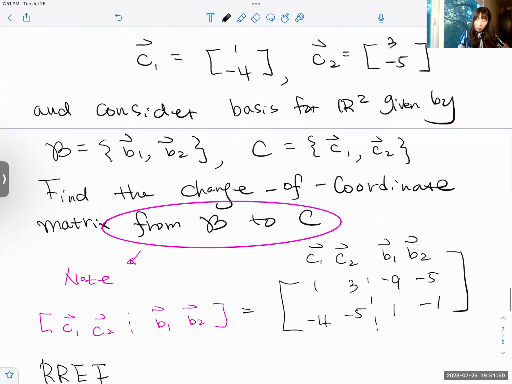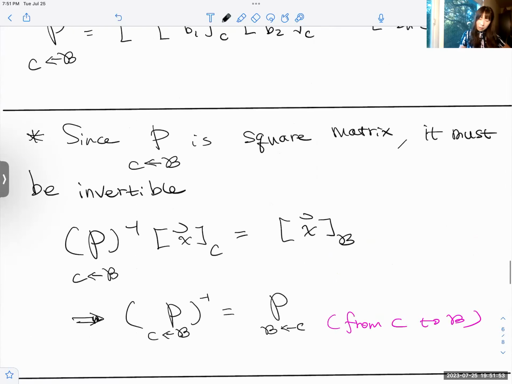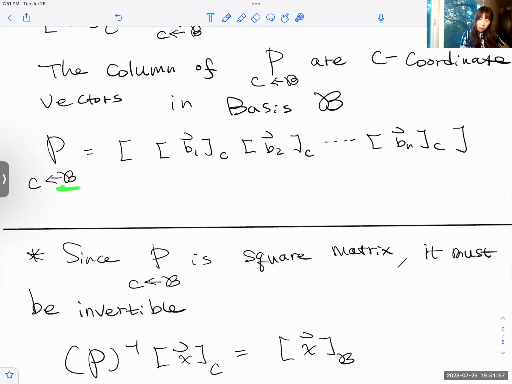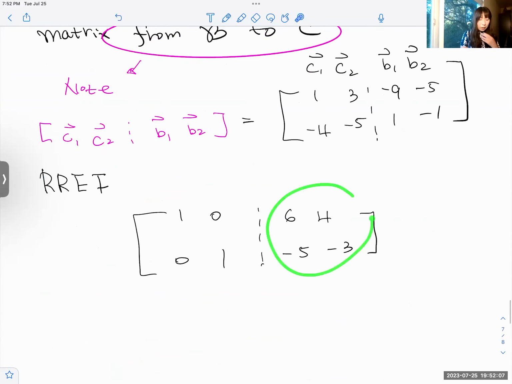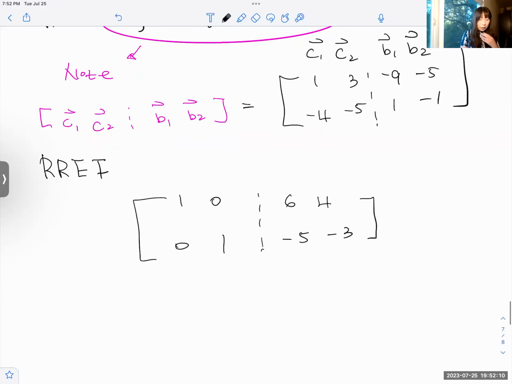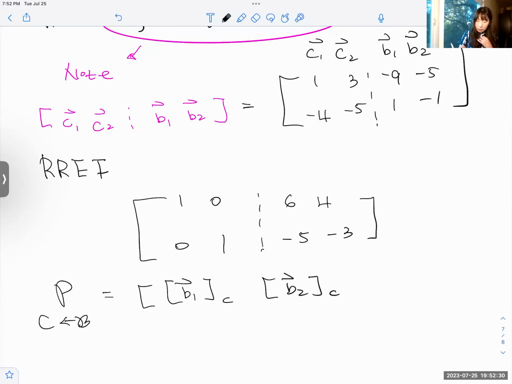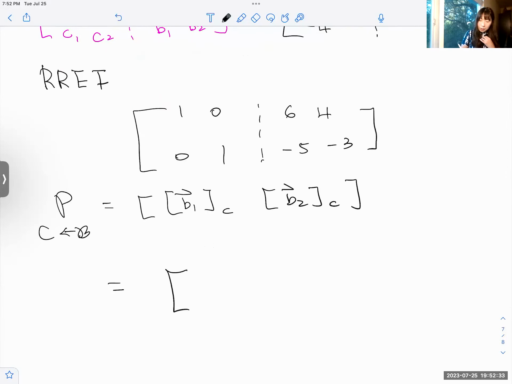So we are using the change of coordinate matrix from B to C, that is B sub 1 in base C and B sub 2 in base C. So there will be 6, -5, 4, -3.